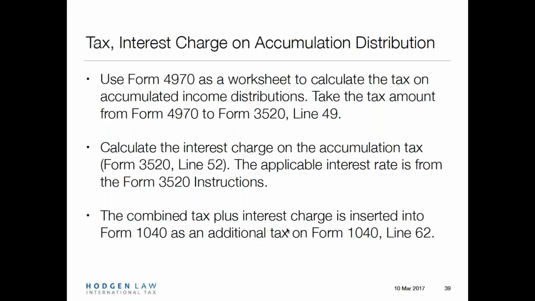And then you take that, the tax plus the interest, over to line 62 of Form 1040. So the important thing to remember here is the accumulation distribution does not go into adjusted gross income to compute taxable income and your regular tax. Only the tax liability on the accumulation distribution rolls over to Form 1040.